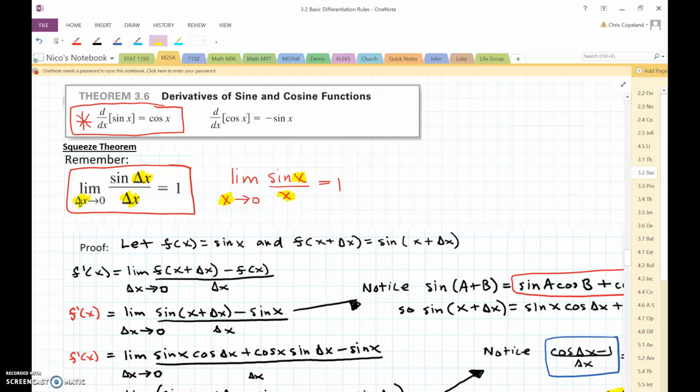So for the proof, again, we're trying to prove that the derivative of sine of x is equal to cosine of x. So for this proof, we are going to let f of x equal sine of x, and therefore f of x plus delta x would equal sine of x plus delta x.